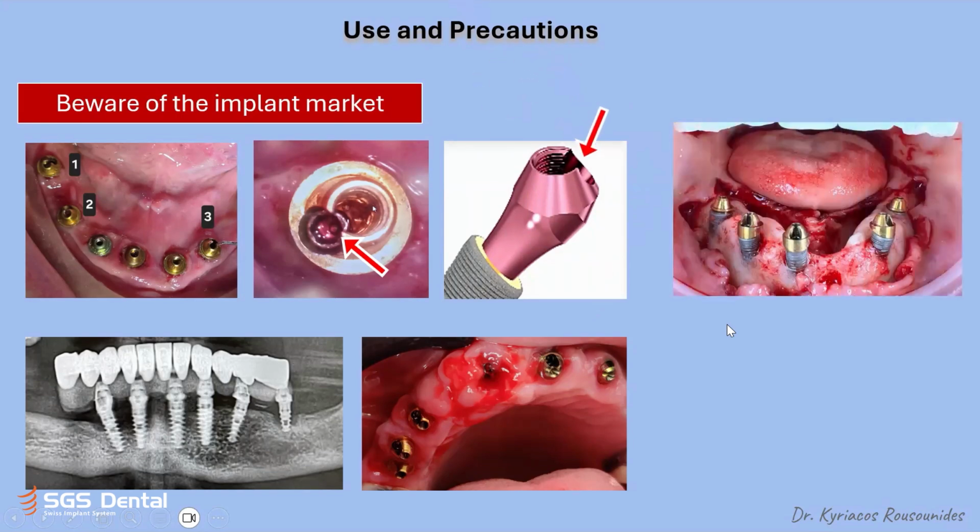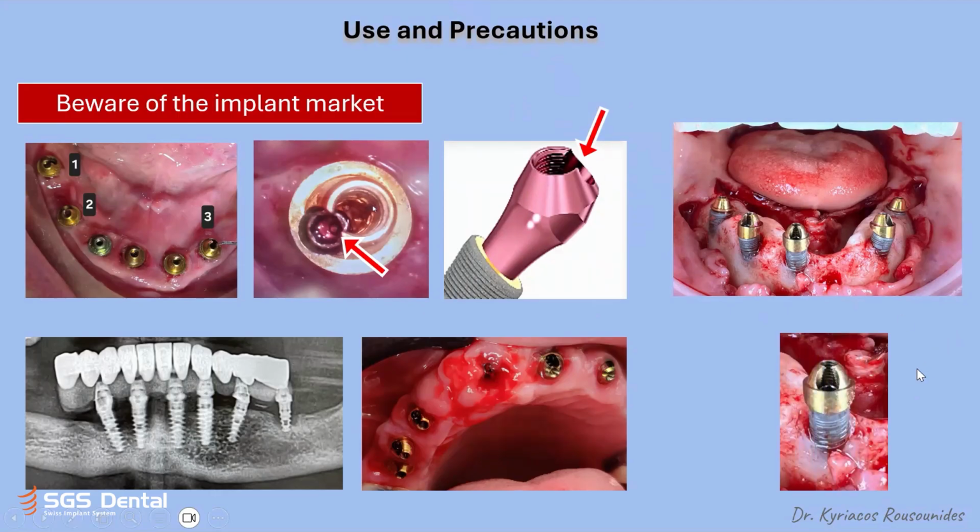We see a more extreme case. This is from another group, from another club, where except the straight one, we didn't have the open thread. All the others had a bone loss. The case was redone.